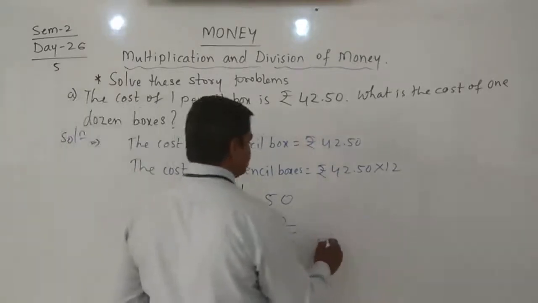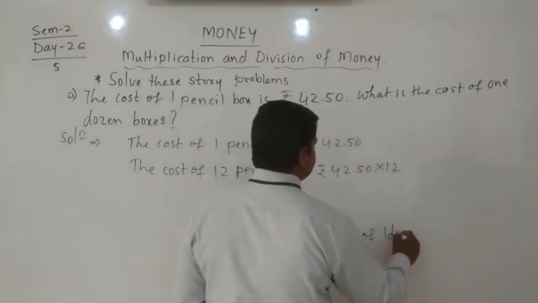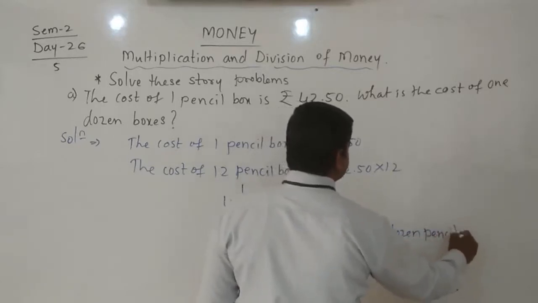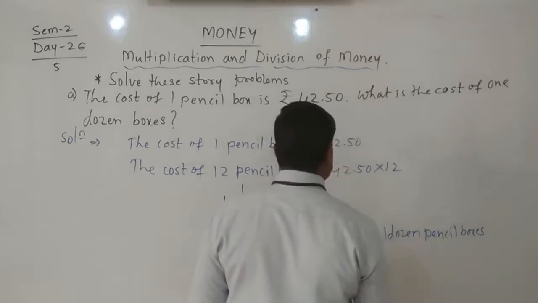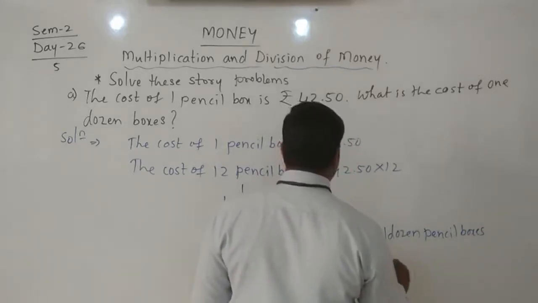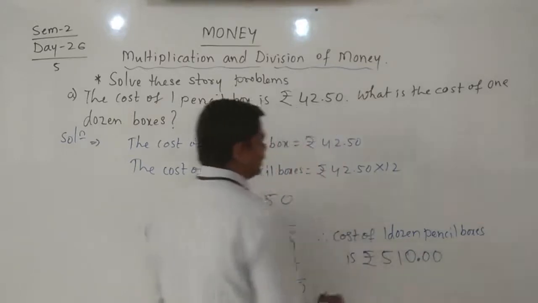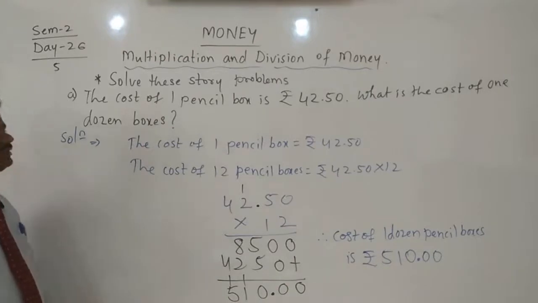Therefore, the cost of 1 dozen pencil boxes is rupees 510.00, or you can write 510 rupees, that much. Clear? Very simple.